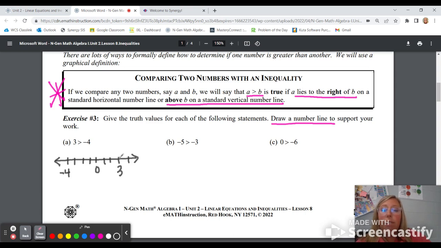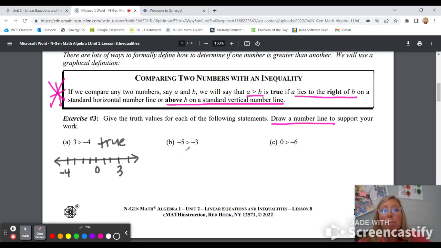So 3 is further right than -4, and so greater than is further right. So this one is true. So sketch the number line and tell whether B and C are true or false. Pause the video now and do that.